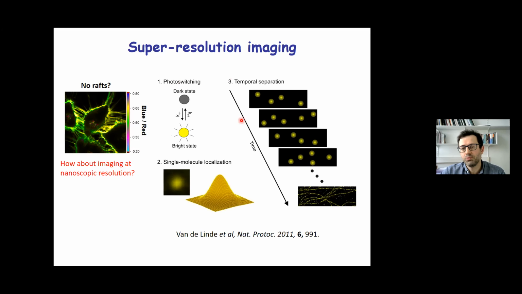And the ones we work with a lot are single molecule localization microscopy, where we exploit the on and off states of the molecule. In this case, usually what we do is turn off the majority of molecules, so they're in the off state, and then we record just a few molecules that appear frame by frame, and then you can localize and put them all together and reconstruct the image.